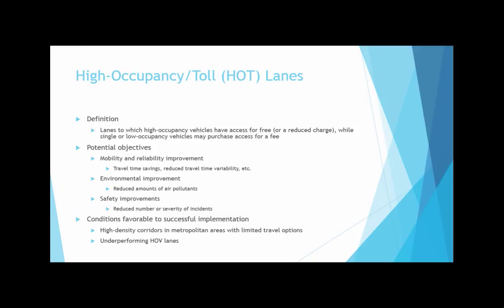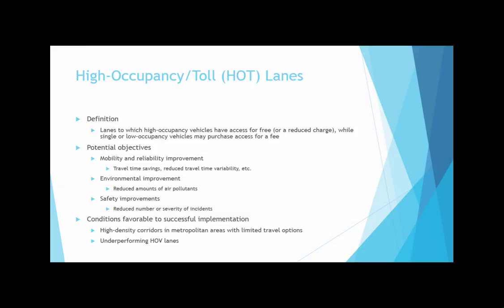There are several conditions favorable to successful implementation of high occupancy toll lanes. The two main ones are high density corridors in metropolitan areas with limited travel options, and the other are underperforming HOV lanes.